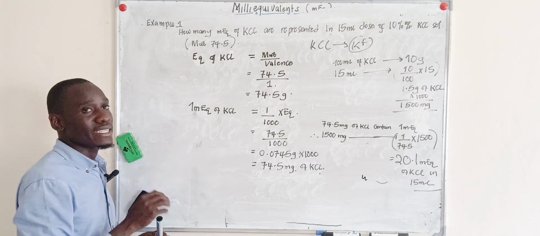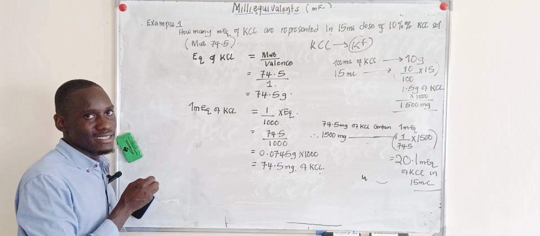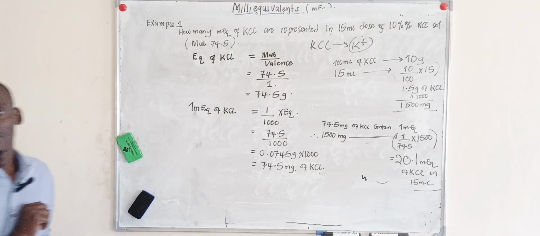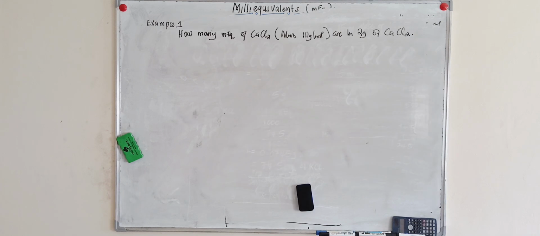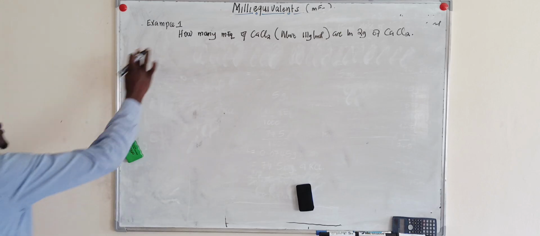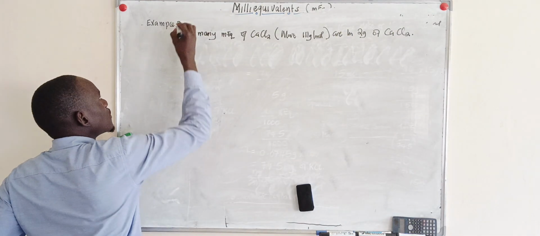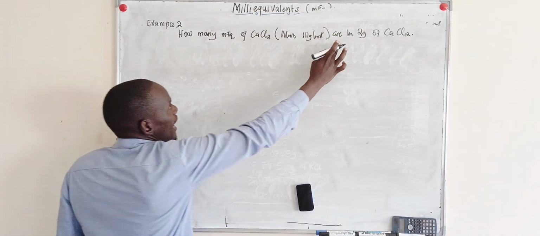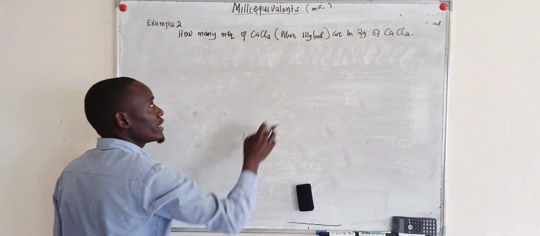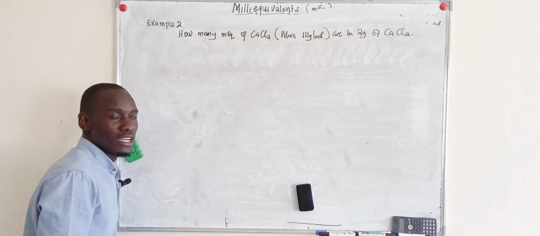Let us look at our second example. In example 2, how many milliequivalents of calcium chloride are in 2 grams of calcium chloride? They have given us the molecular weight of calcium chloride.